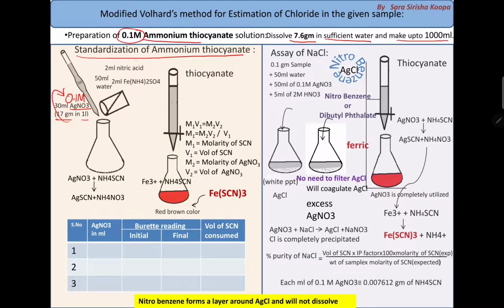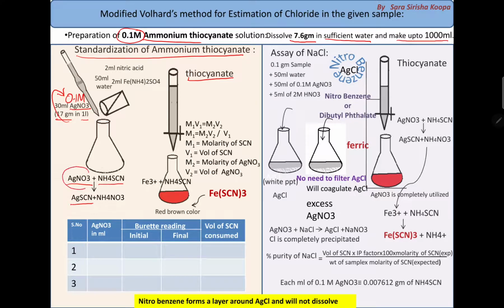After taking all the specified chemicals into a conical flask, whatever silver nitrate is present will react with ammonium thiocyanate and result in the formation of silver thiocyanate when you titrate with thiocyanate solution. Ferric is the indicator.